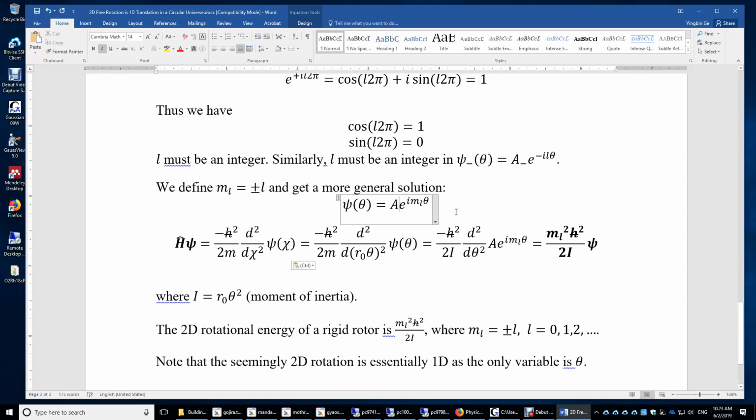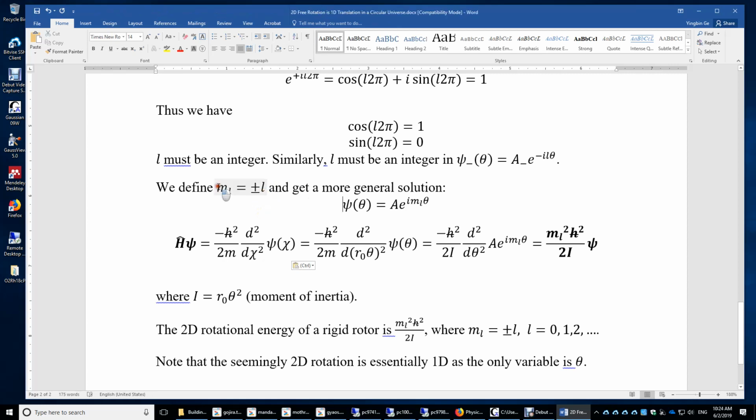So recall in general chemistry, L is the quantum number for the three-dimensional angular momentum, and m sub L is the quantum number for the z component of the three-dimensional angular momentum. So in here, it's a little bit different. In here, L is used as the quantum number for the two-dimensional rotation, but still this m sub L is the z component of the angular momentum of two-dimensional rotation.